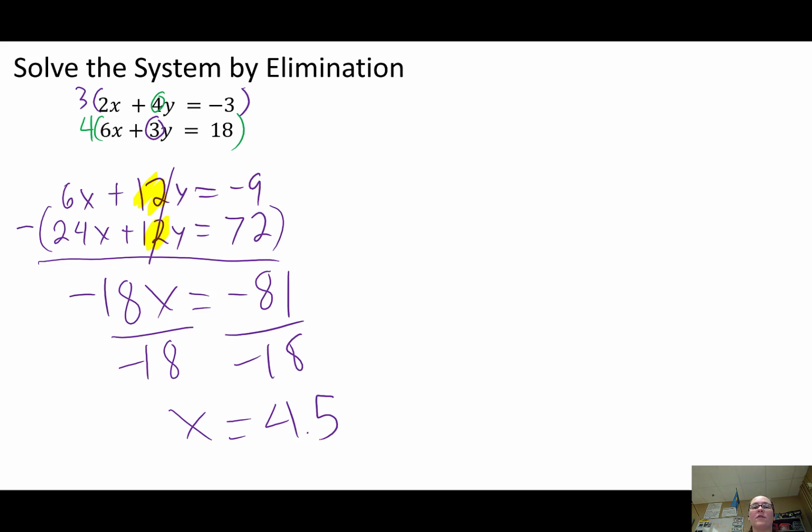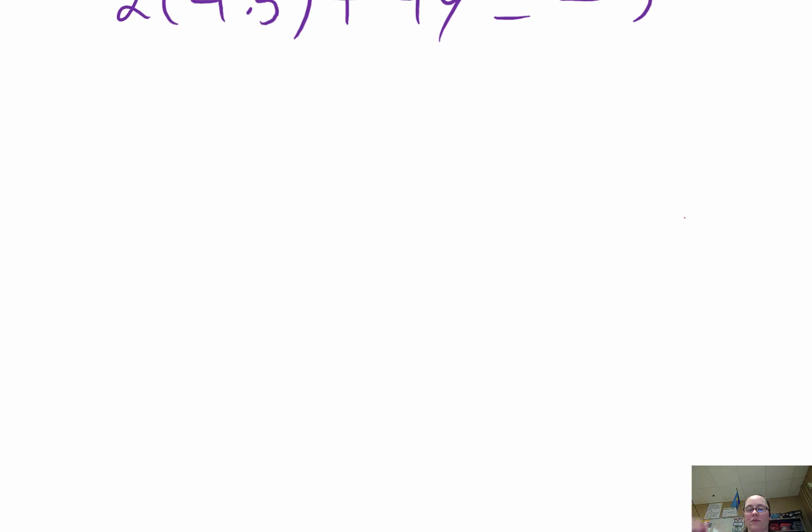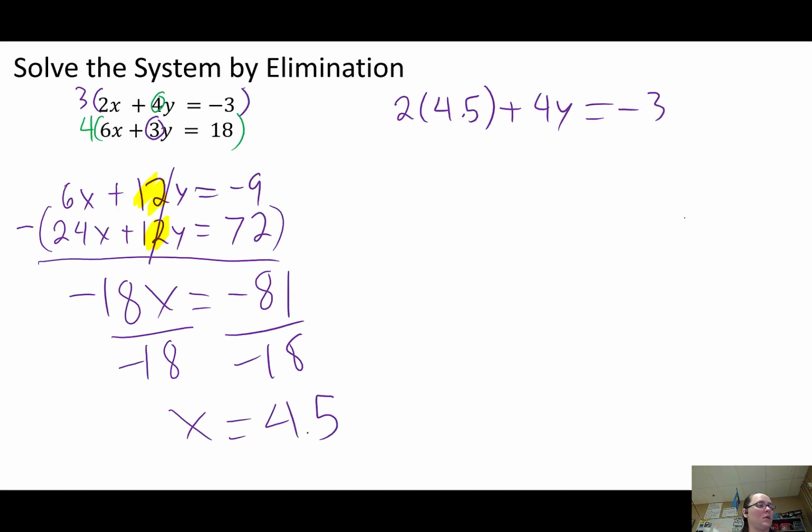So I've got x is equal to 4.5. Okay, we're going to plug back in, and again, it does not matter which one. I'm going to work with the top one. So we're going to do 2 times 4.5 plus 4y equals negative 3. Well, 2 times 4.5 is 9.